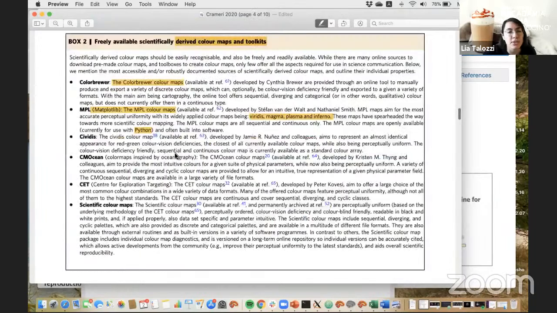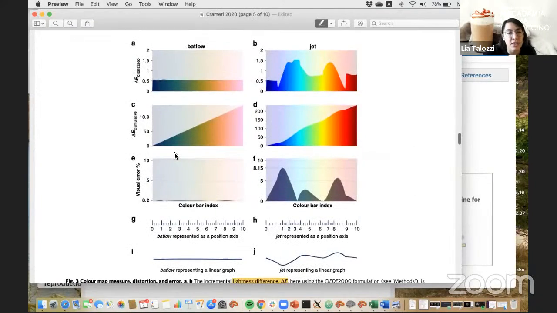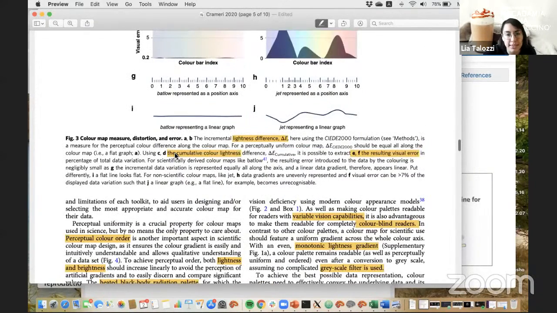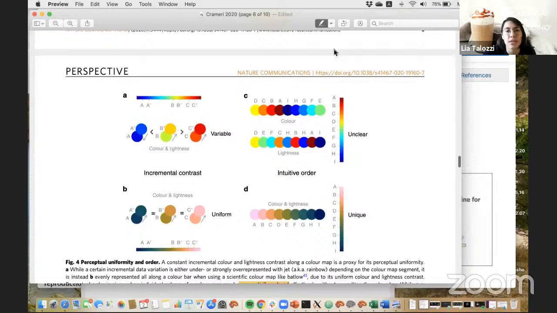And also they made a classification. Here you have another example that your color maps should be ordered if you look at the color gradient and also the lightness gradient.